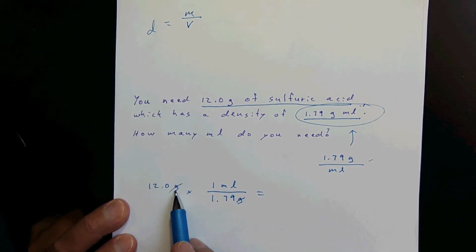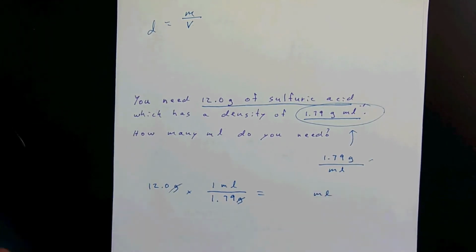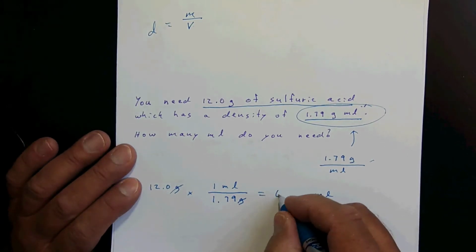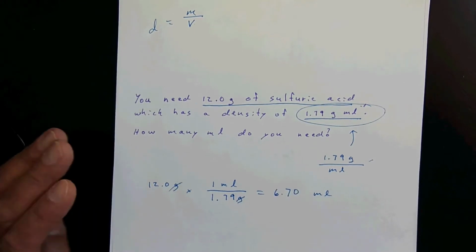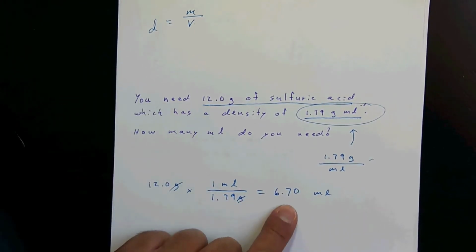Any unit that is on the top of one thing and the bottom of another gets canceled. The only unit that did not get canceled is the milliliters. So we'd get 12 divided by 1.79. We'll get 6.70. So if you needed 12 grams of sulfuric acid, you would need that many milliliters.